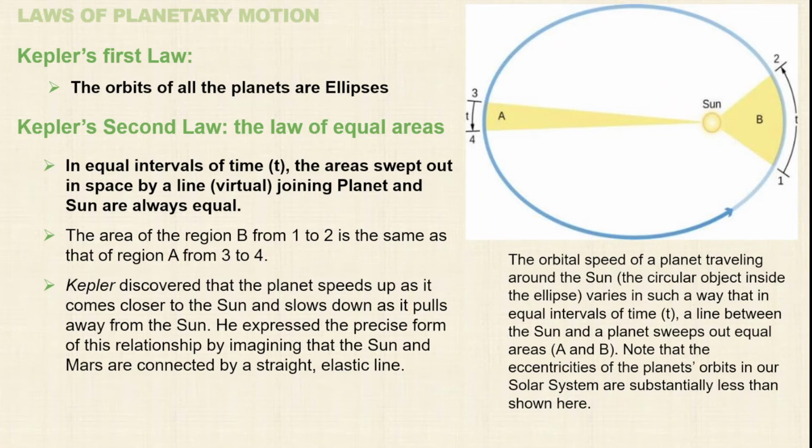When we do angular momentum, conservation of angular momentum, the product of the radius, mass, and velocity of an object is the same when it goes from one state to the other state.